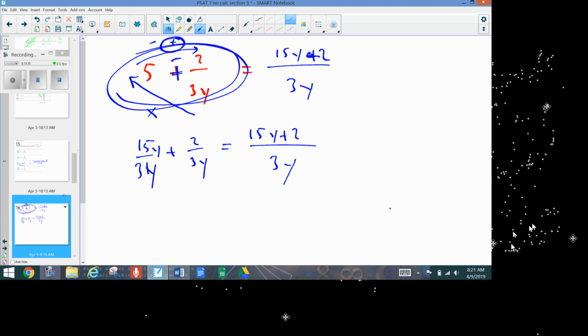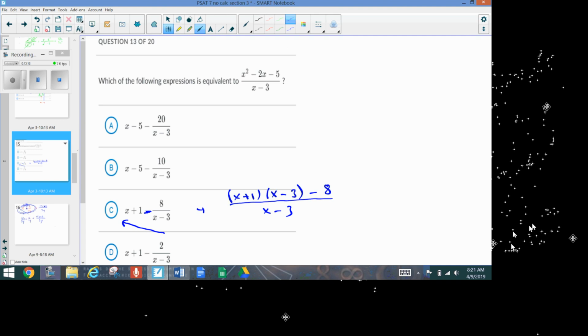Okay? Now let's continue. Is that the same? Yeah, denominator, we catch the denominator. But what we're going to do, we're going to distribute it. It's going to be a little bit longer. X squared minus 3x plus 1x. Minus 2x. Minus 3.